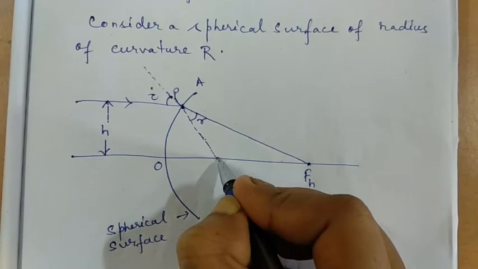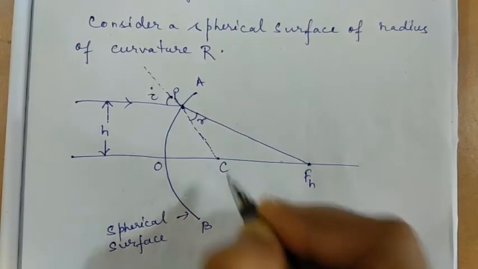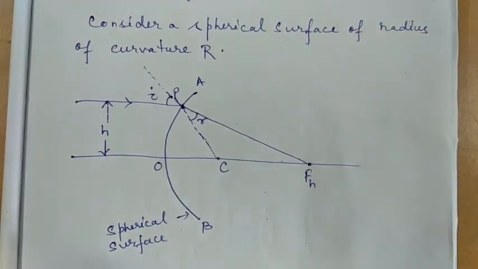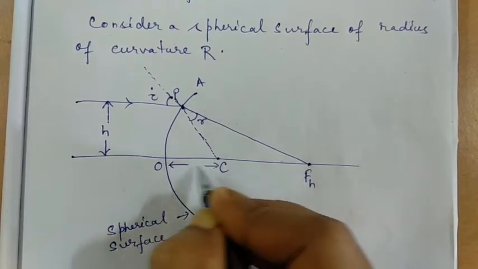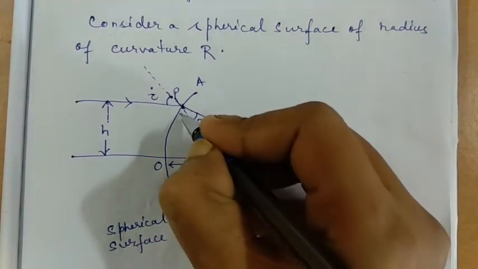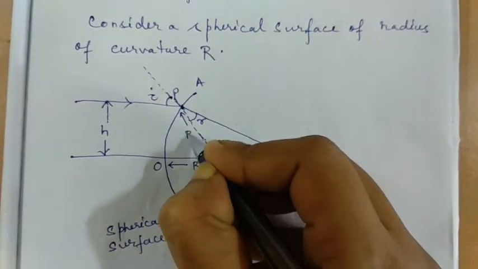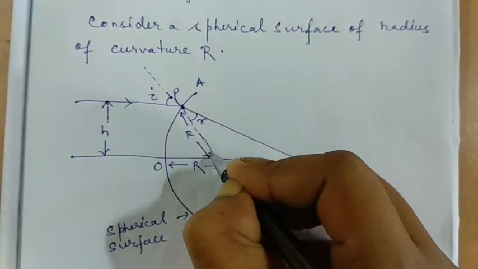Let's say this is my C, the center of curvature. From O to C, this is my capital R, so this is the same for this distance also.